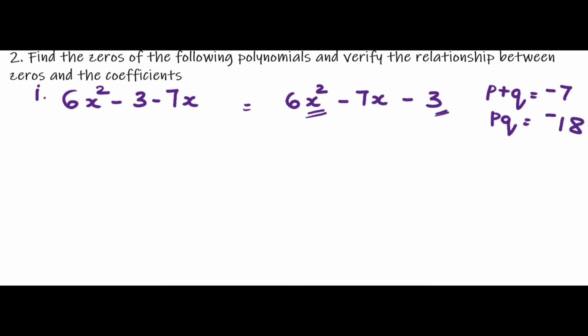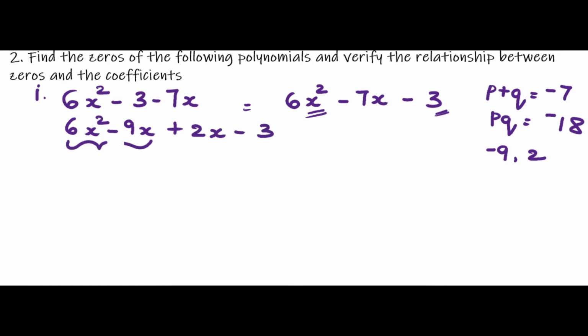which is equal to minus 18. Here you can consider two terms, 9 and 2. Minus 9 and 2. Minus 9 plus 2 will give you minus 7 and minus 9 multiplied by 2 will give you minus 18. So you can rewrite this as 6x square minus 9x plus 2x minus 3.